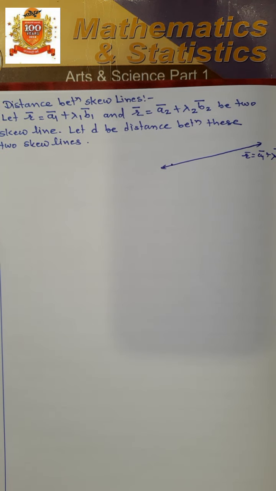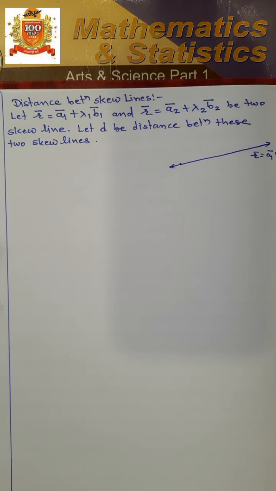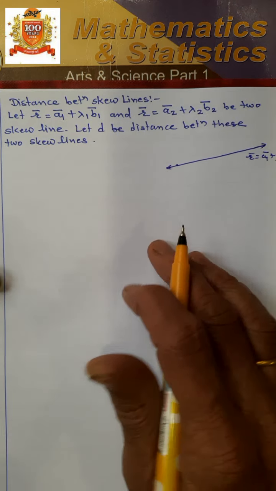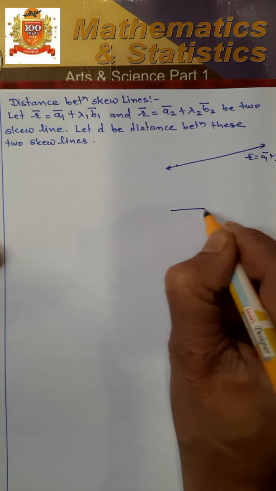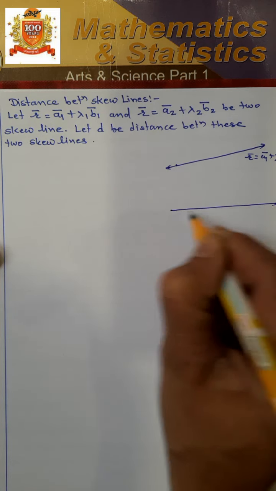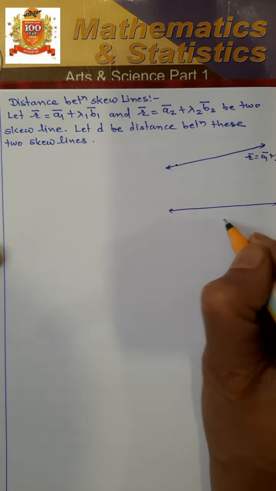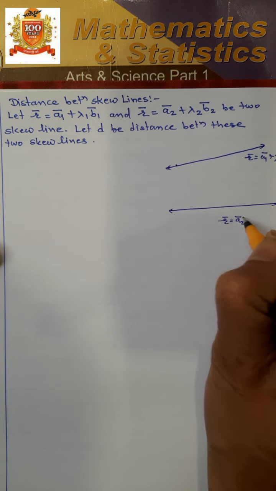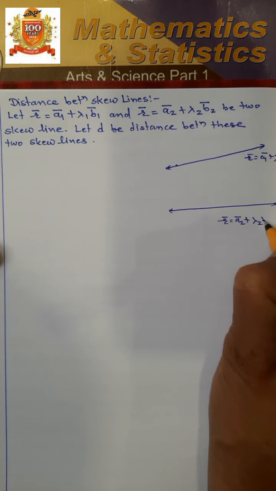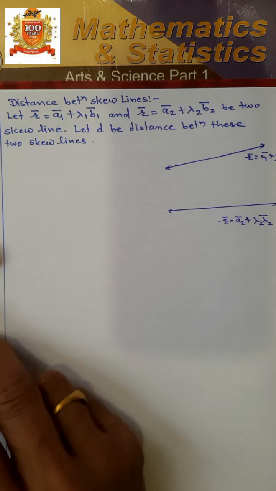This is one line, and this is another line whose equation is r bar is equal to a2 bar plus lambda 2 b2 bar.